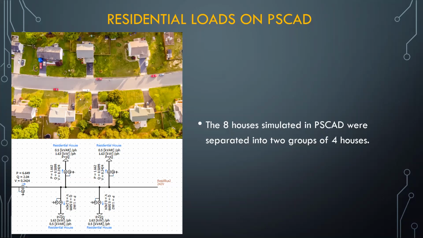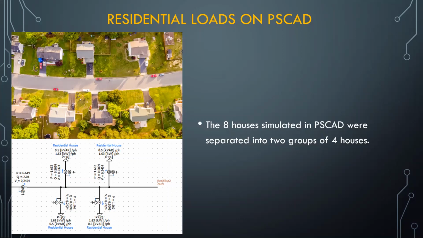As you can see in the picture at the top, that would be typically what you would see if you were seeing it in person. And the picture on the bottom is what we designed to look like on PSCAD with those 4 houses there. The typical voltage in a residential home is 120 to 240 volts.